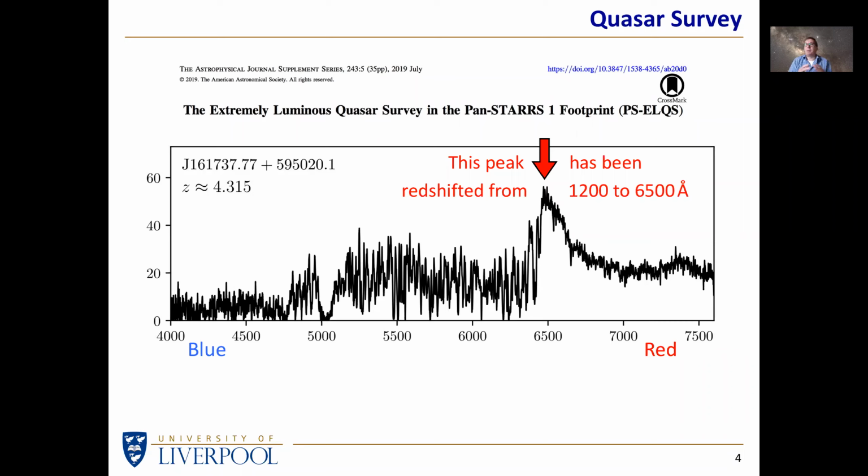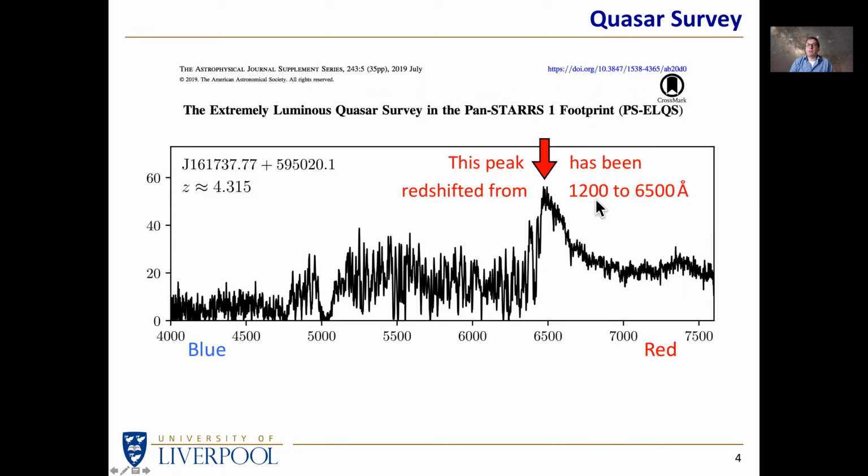And that's interesting because if we compare this spectrum to the sort of spectrum we would expect from a source which isn't moving, from, if you like, a laboratory-based light source, we would expect that particular bump to occur at 1,200 angstroms, rather than, as we see here, at about 6,500 angstroms. So this peak has moved an awful long way from where we would expect it to be if the source of light for this particular object was not moving.